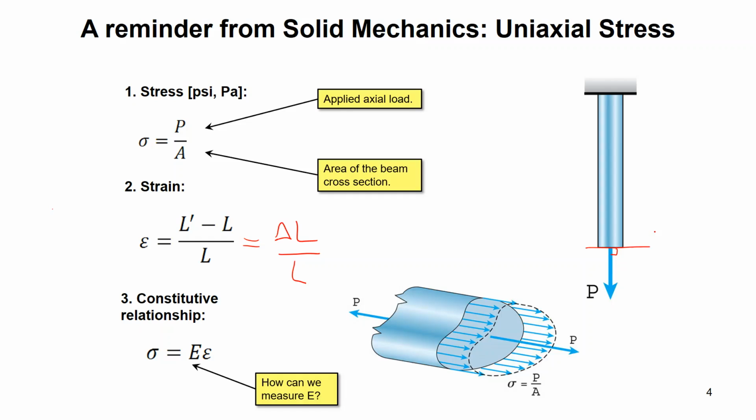Now, is there any other situation? Yes. Sometimes you have a part like this again, but the force P, let me show it in 3D. Instead of the force P being normal to the cross-section A, it is tangent like this to the cross-section.